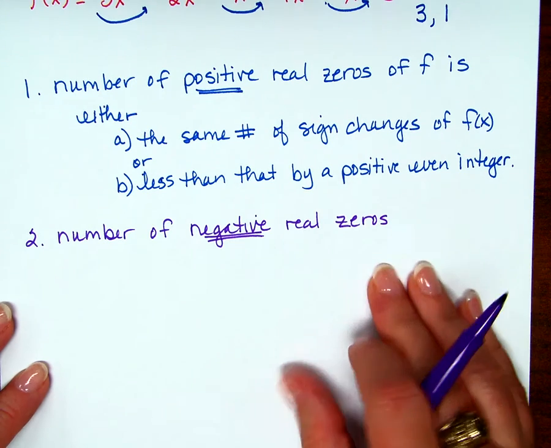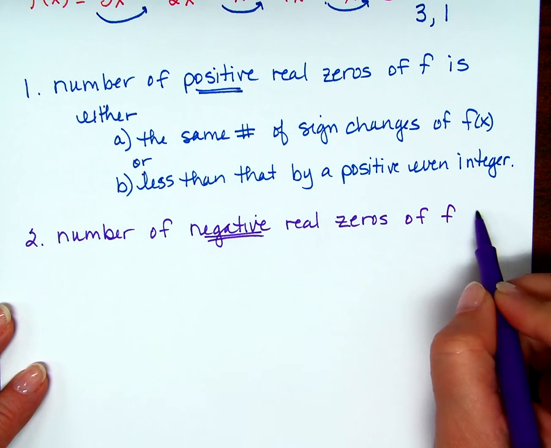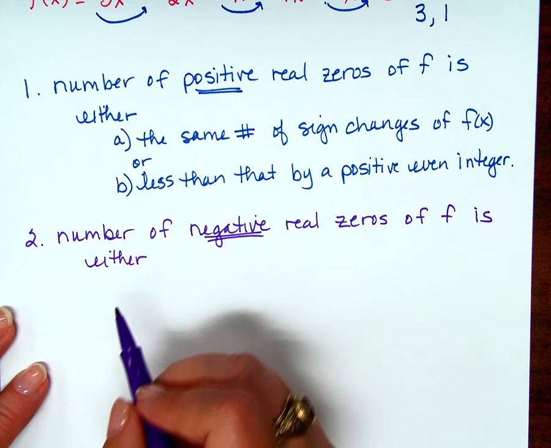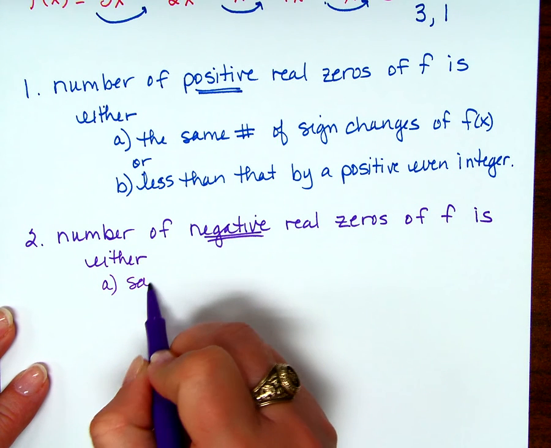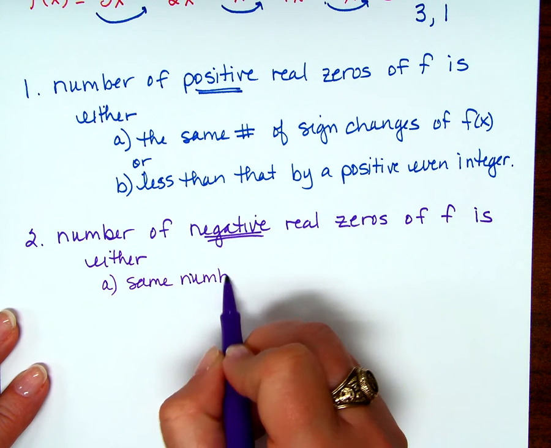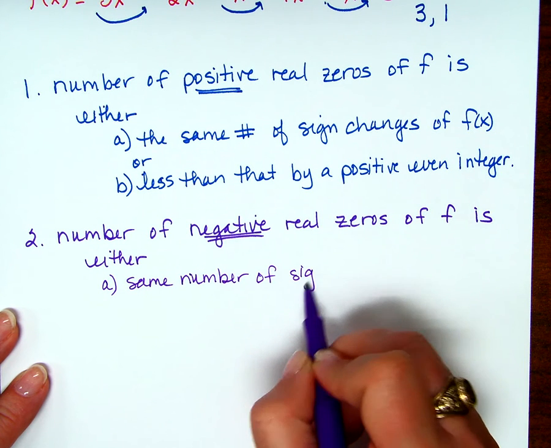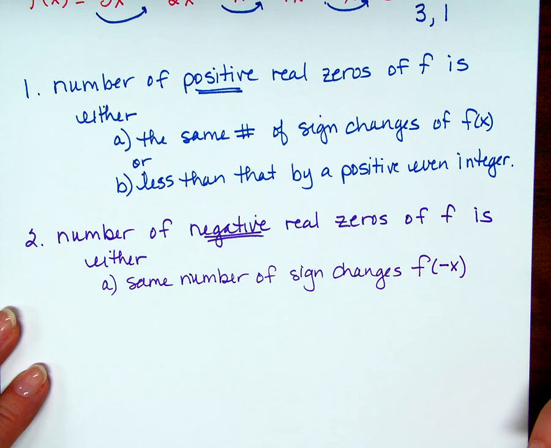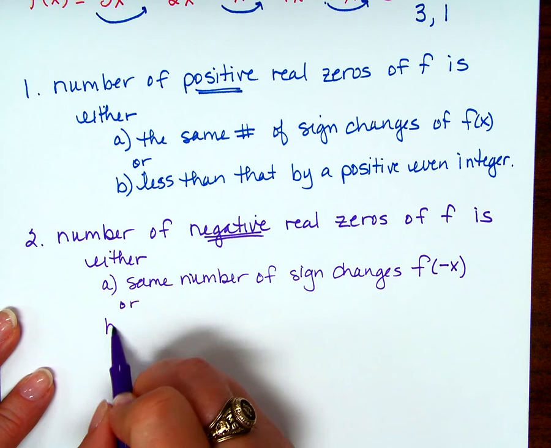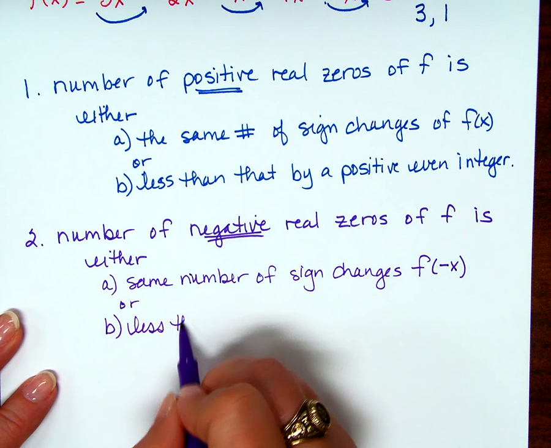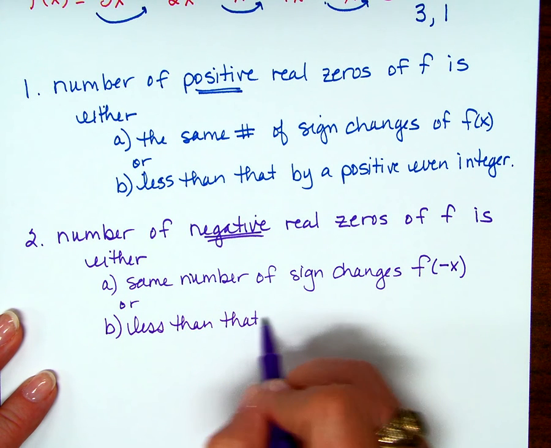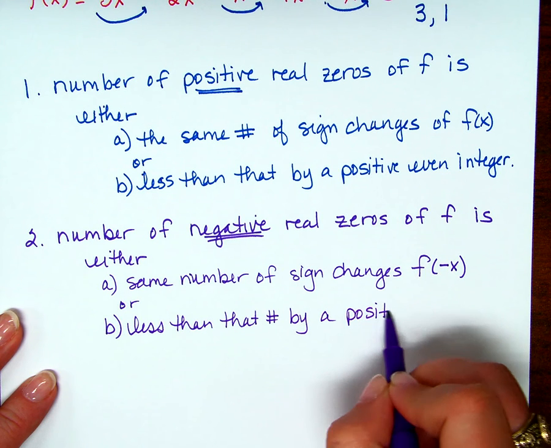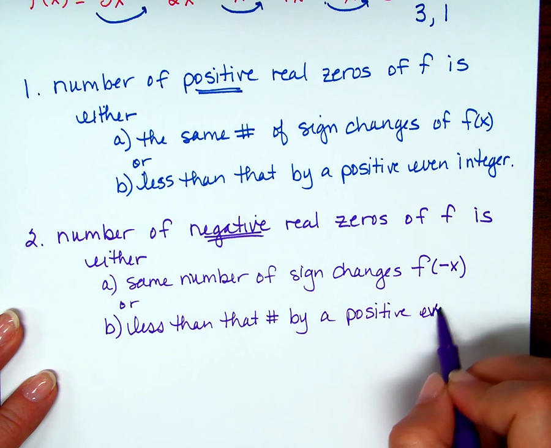So the number of negative real zeros of f is either, or either, I don't care, I hope you don't either, the same number of sign changes as f of negative x, or less than that number by a positive, even integer.